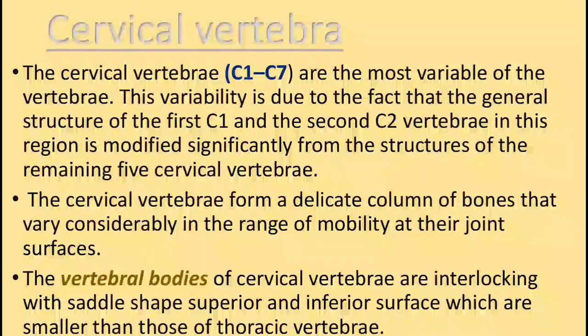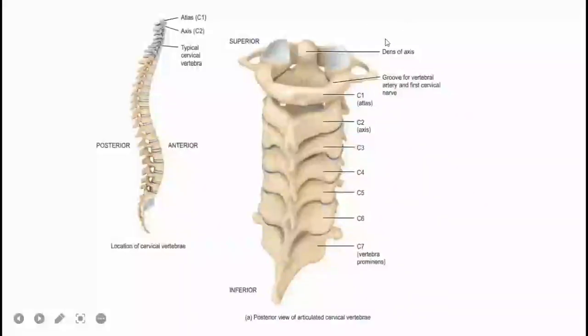The cervical vertebrae form a delicate column of bone that varies considerably in its range of mobility at its joint surfaces. The vertebral bodies of cervical vertebrae are interlocking with saddle-shaped superior and inferior surfaces, which are smaller than those of the thoracic vertebrae. The first one, which is the atlas, you can see is quite different from the rest.